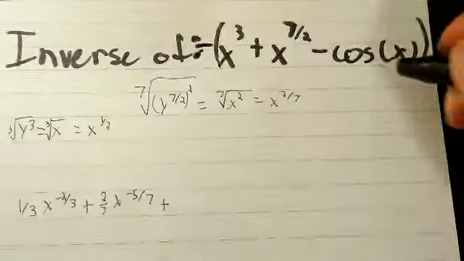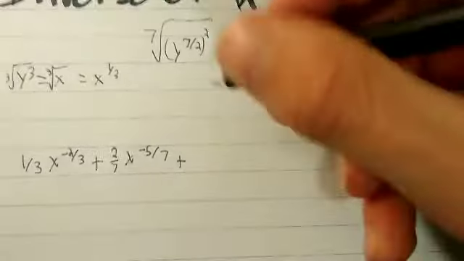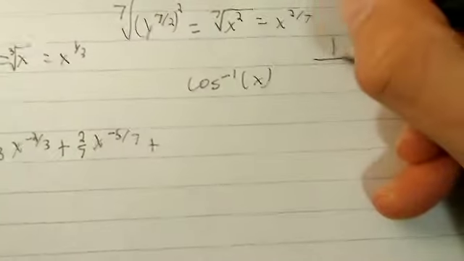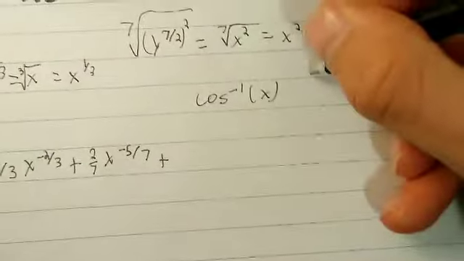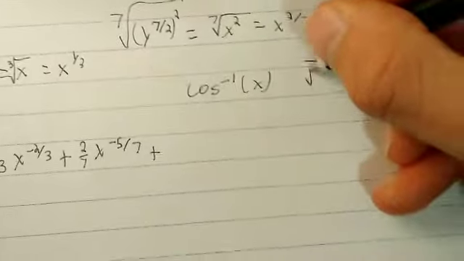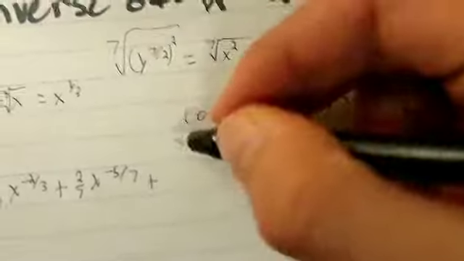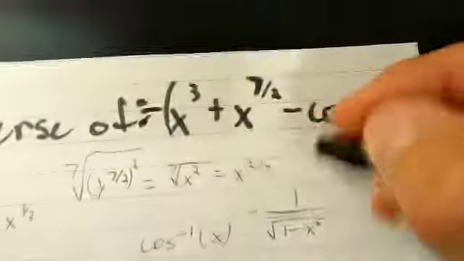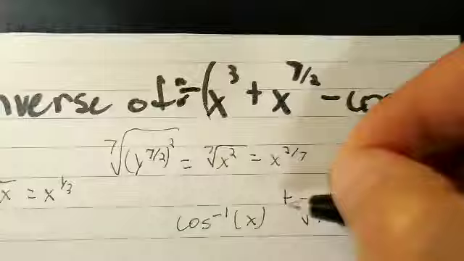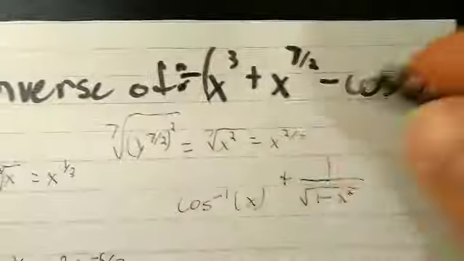Taking the derivative of negative cosine of x, inverse is just inverse cosine of x. The derivative is 1 over root 1 minus x squared. There is a minus out in front, but as you can see here, there's a minus there, so this cancels out, making it a positive, and we'll put it in here.